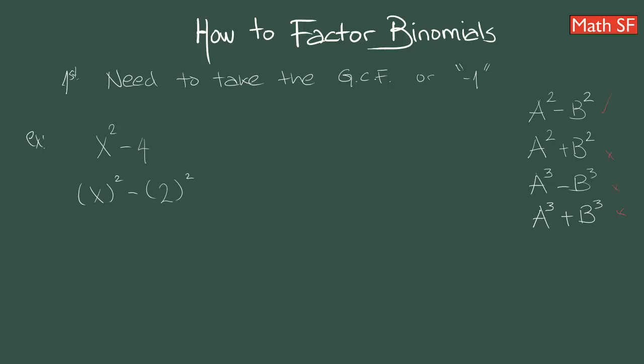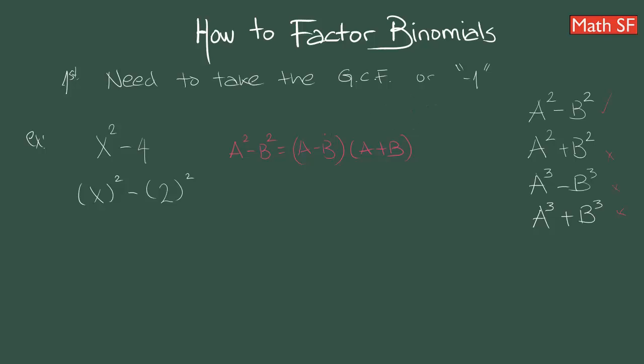Therefore, using the formula, a squared minus b squared is equal to a minus b times a plus b. Just for extra information, this is also called a product of conjugates. A minus b and a plus b are called conjugates.